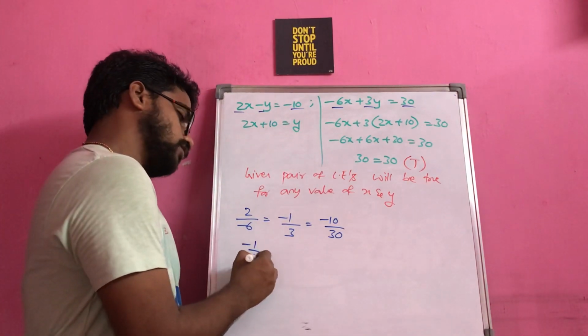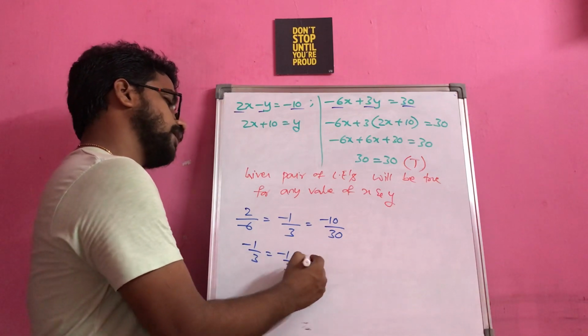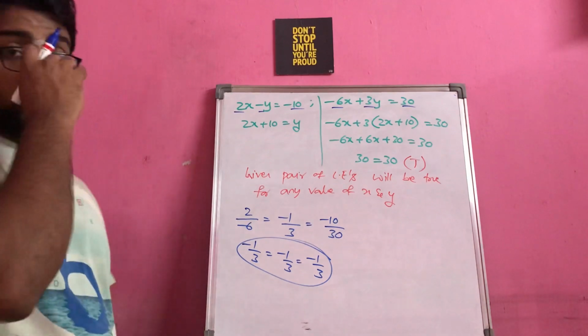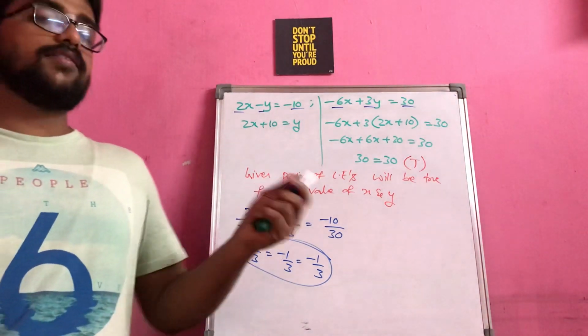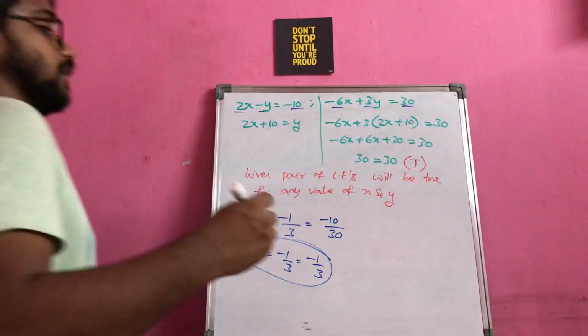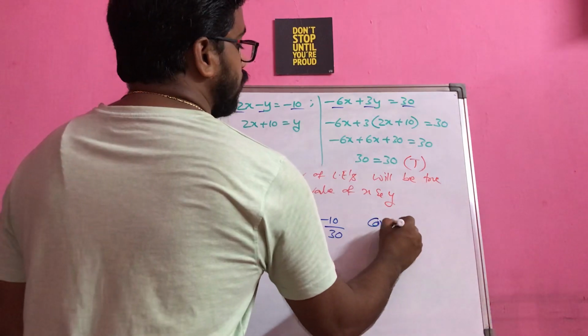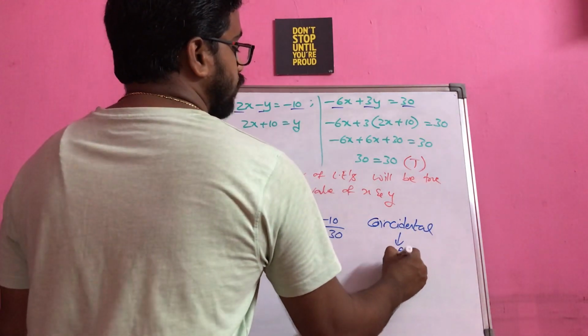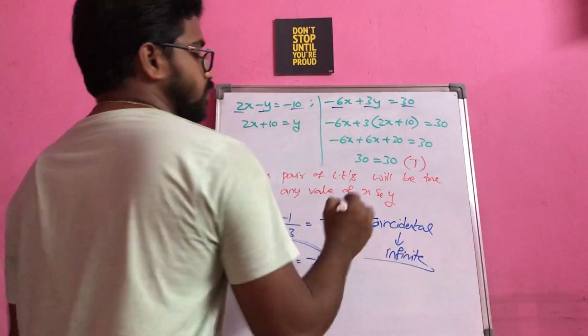This is minus 1 by 3, minus 1 by 3, minus 1 by 3. So what does this represent? You have a pair of straight lines with the relation a1 by a2 equal to b1 by b2 equal to c1 by c2. This represents that the lines are coincident, indicating that you will have an infinite number of solutions.